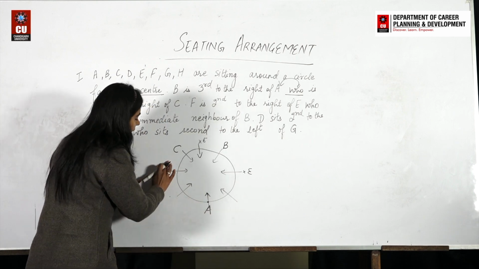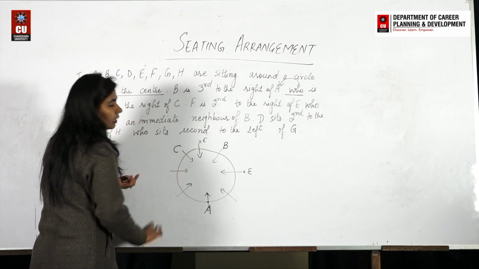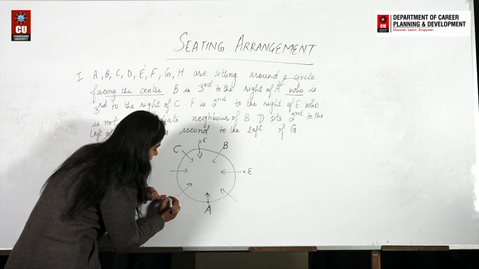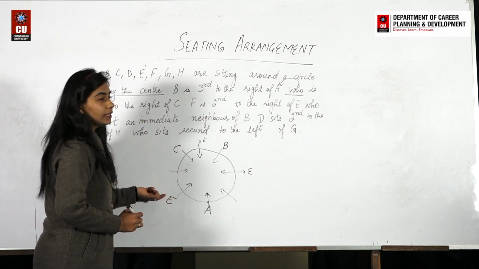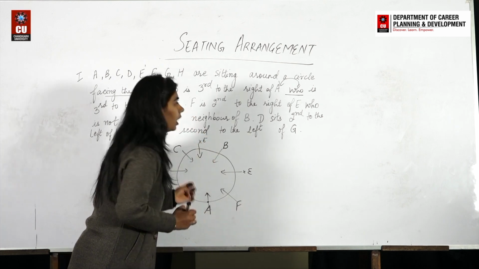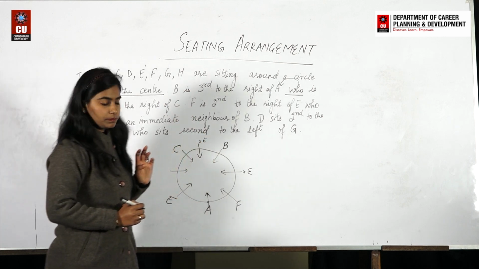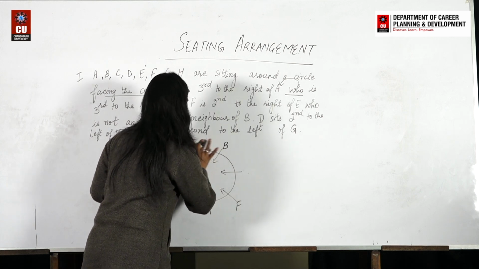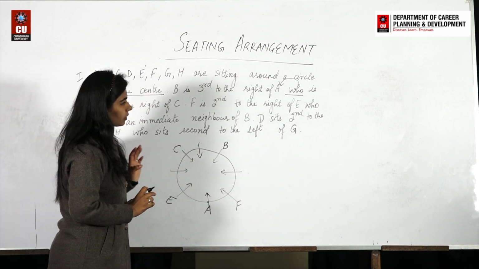Now we will erase this possibility. If we place E here, then F comes here, which is second to the right of E. Then we will take this possibility.